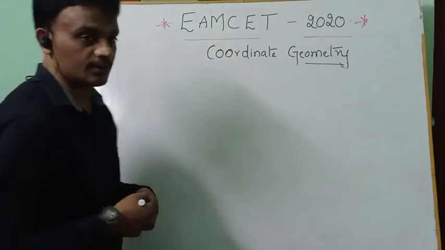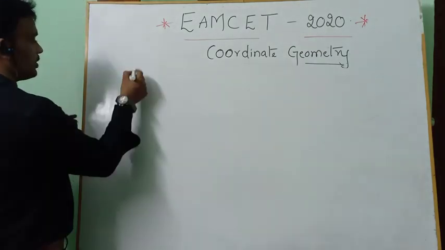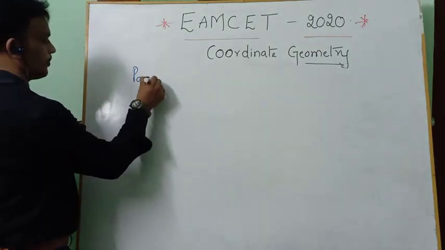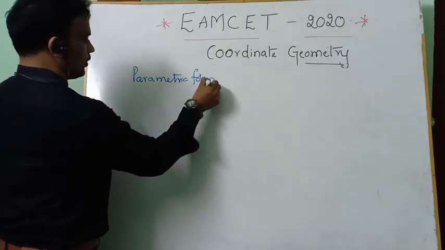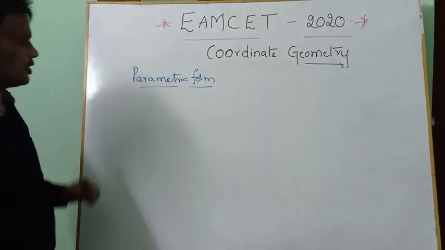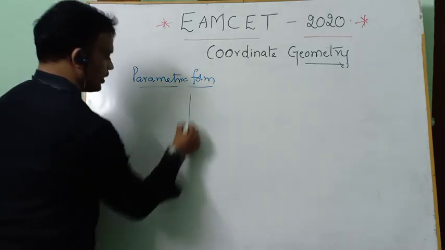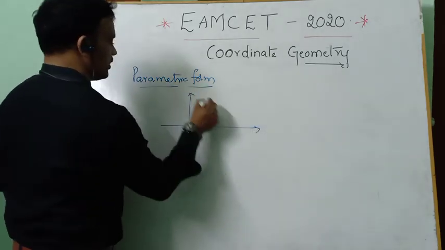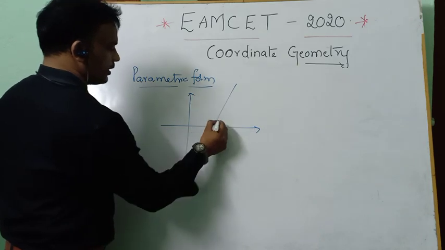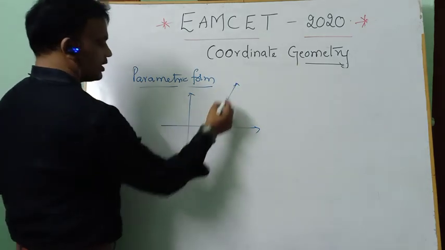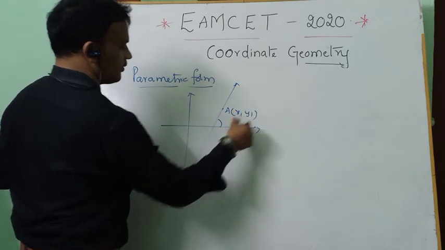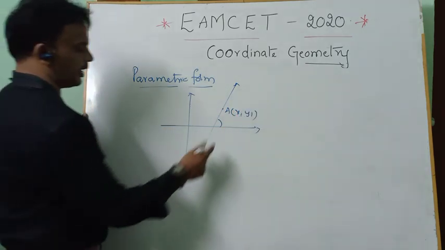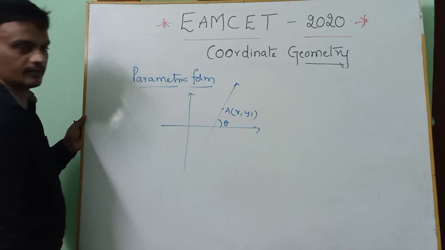Coming to the next concept, the parametric form. So what is the parametric form? We are going to find the equation of a line. The line is passing through a point A, which is x1, y1, and which makes an angle theta.